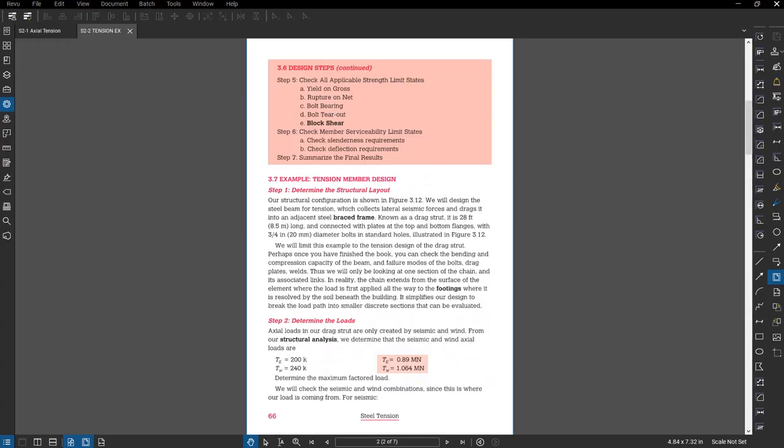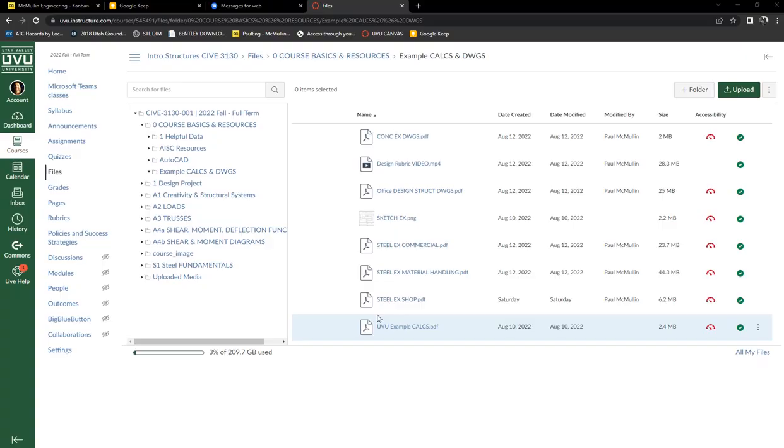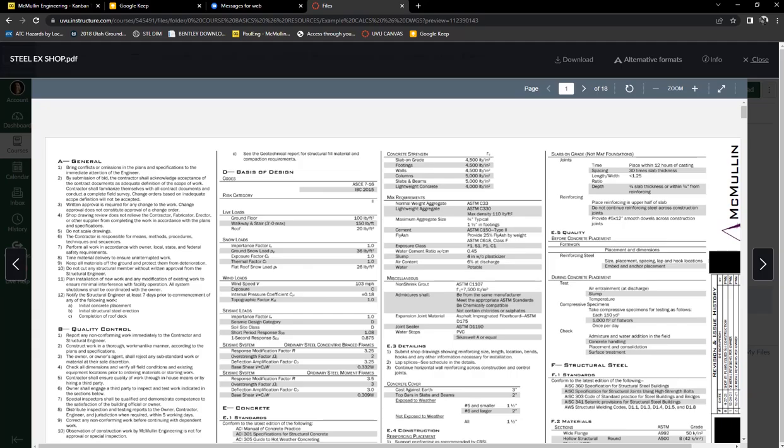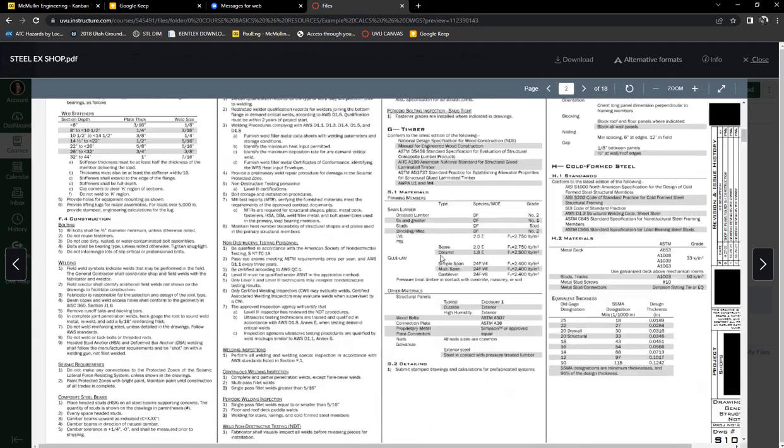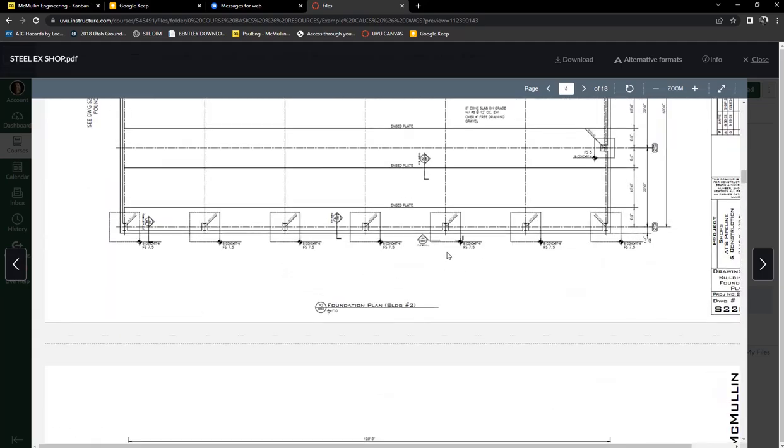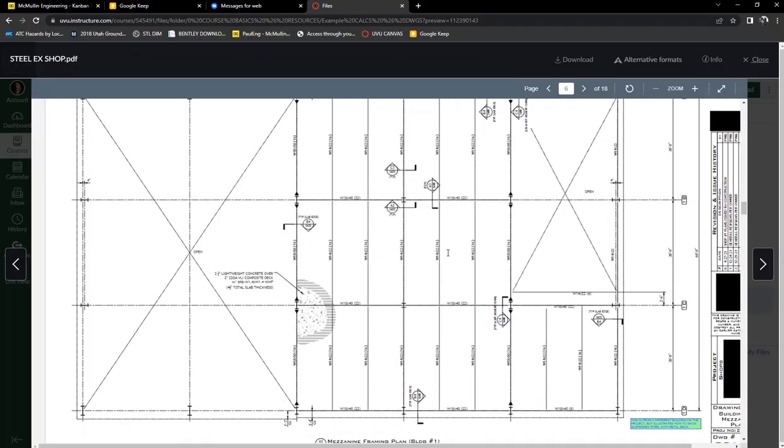And then finally, just as a reminder, there are some example drawings here in the course basics and resources, example calcs and drawings. You can come in here and have a full set of that shop that I showed you and some of the other snips that I have in there. This has general notes, foundation plan, plan views, so this simple steel framing.